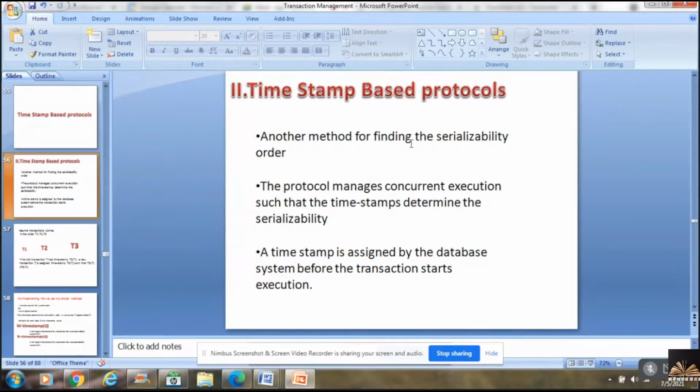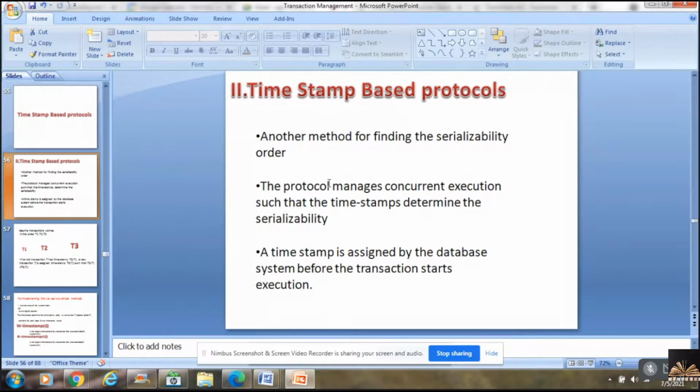So the working would be based on the timestamps, and you can calculate the timestamps based on the system clock, or you can work with your own counter. It's up to you. Whichever way you want to work, you can. So there's a system default timer that can be taken, or your normal counter. You can say T1, T2, T3, T4, and so on.